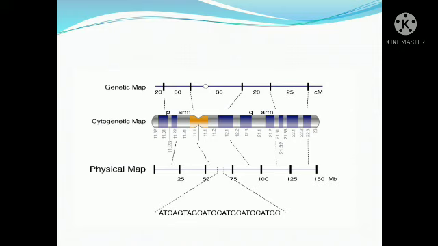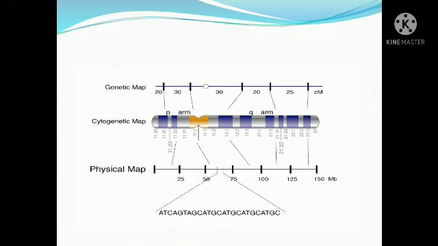Look at the picture. The first is the genetic map. The distance between the two genes is written: between 1 and 2 is 30, 2 and 3 is 30, and 2 and again 20, 25. That is the genetic map or the linkage map, the first one. And that is the cytogenetic map. The physical map shows how much difference it is.